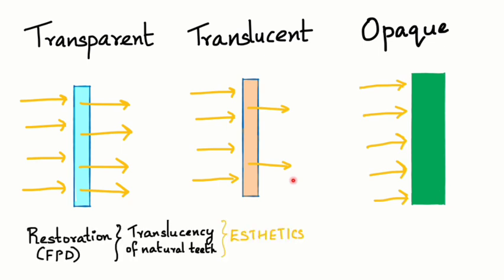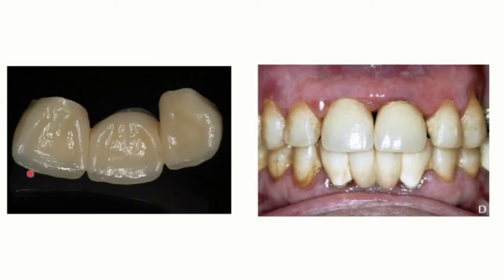That is, when a restoration or a fixed process is done, it should mimic the translucency of the natural tooth. That is, especially the incisal edge of your tooth. If you see, they are more translucent than the middle third or the cervical third of the tooth. See, here in this first picture, it perfectly mimics your normal tooth.